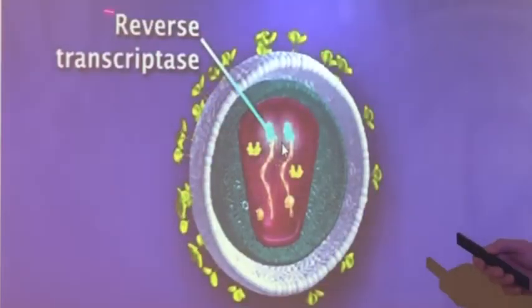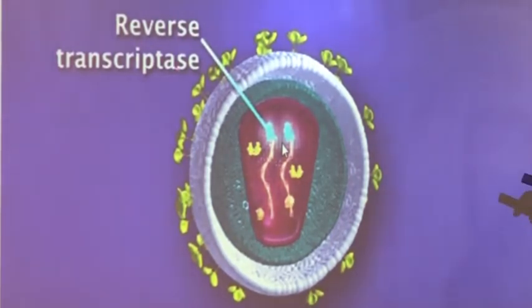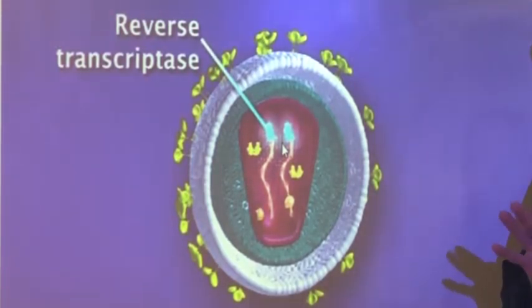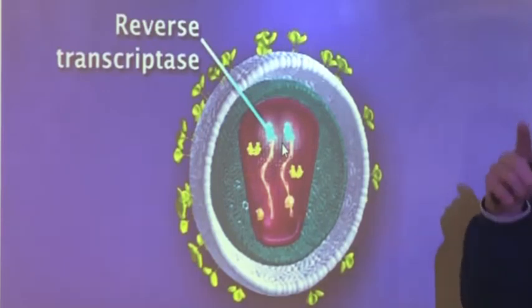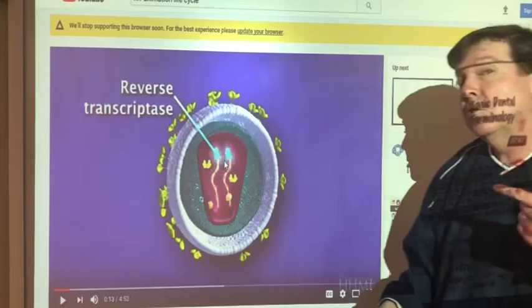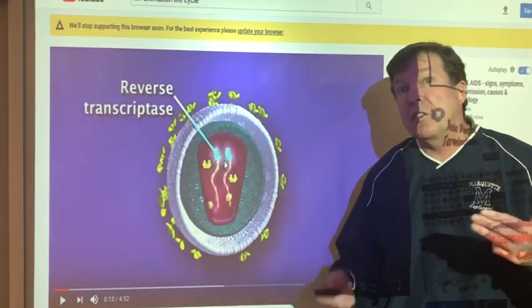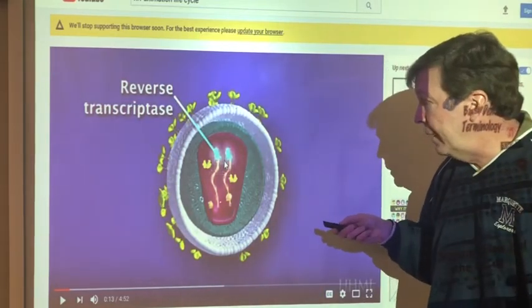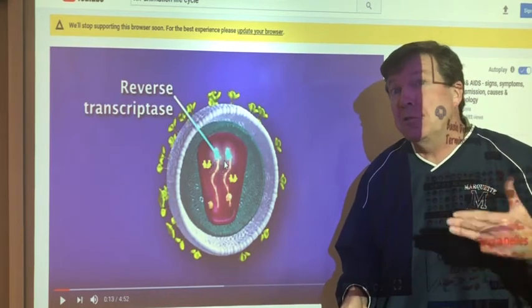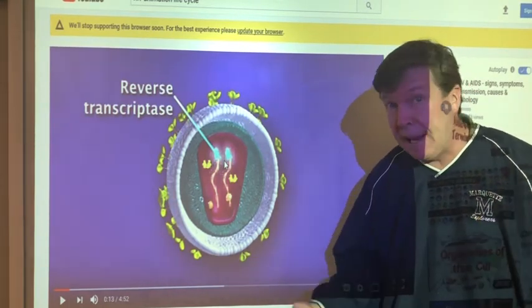So what's the role of reverse transcriptase? Remember, this is RNA, so reverse transcriptase is an enzyme, and you need to get this, that reverse transcribes this RNA. In other words, it takes the RNA that the virus has, and it's going to perform reverse transcription and produce DNA.